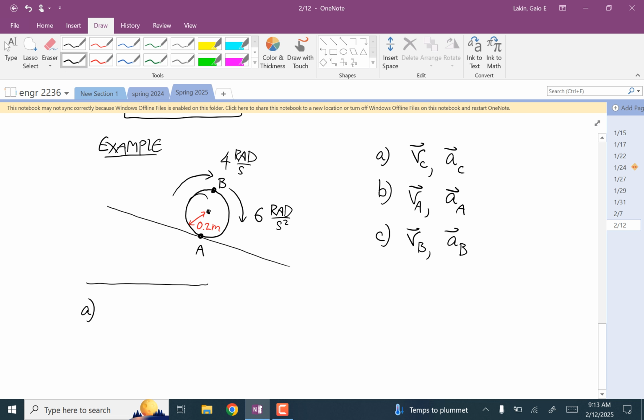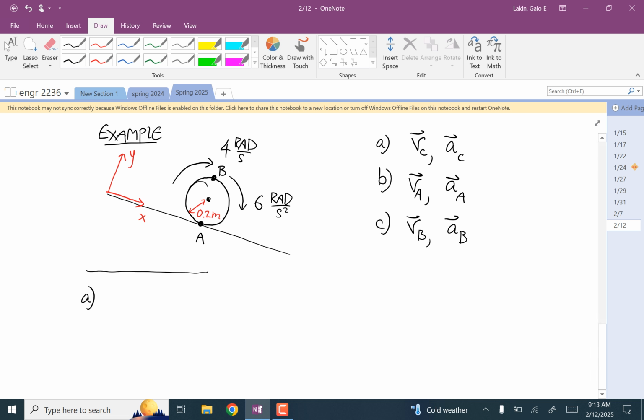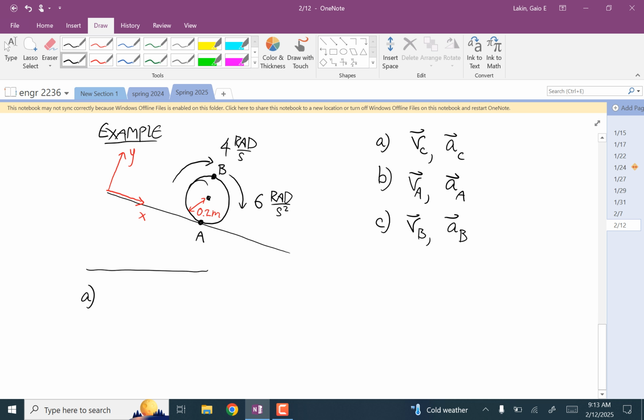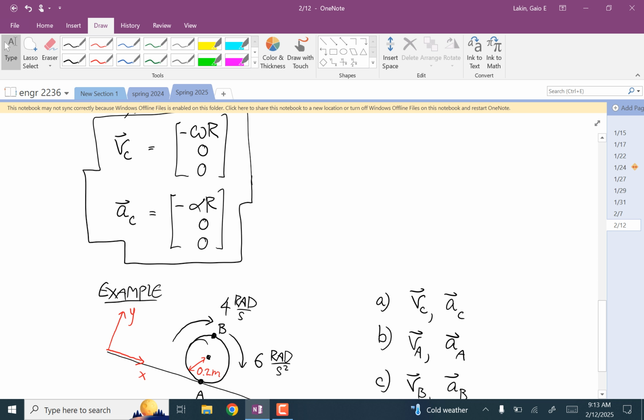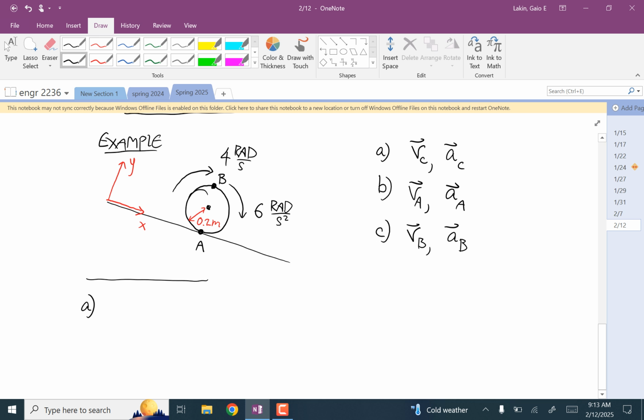So for the first one, we're definitely using a coordinate system like this. And we're just going to use the 2 formulas we have here. So for the velocity at the center, the velocity is going to be negative omega r, 0, 0.